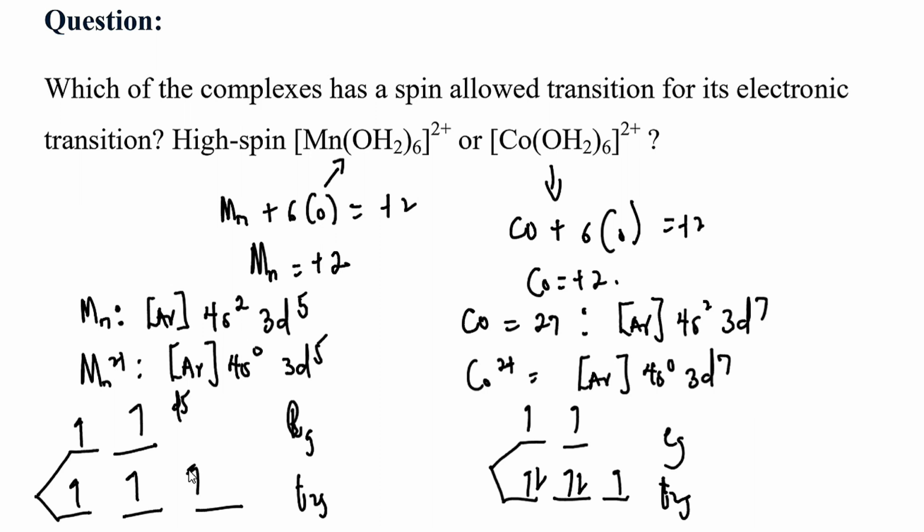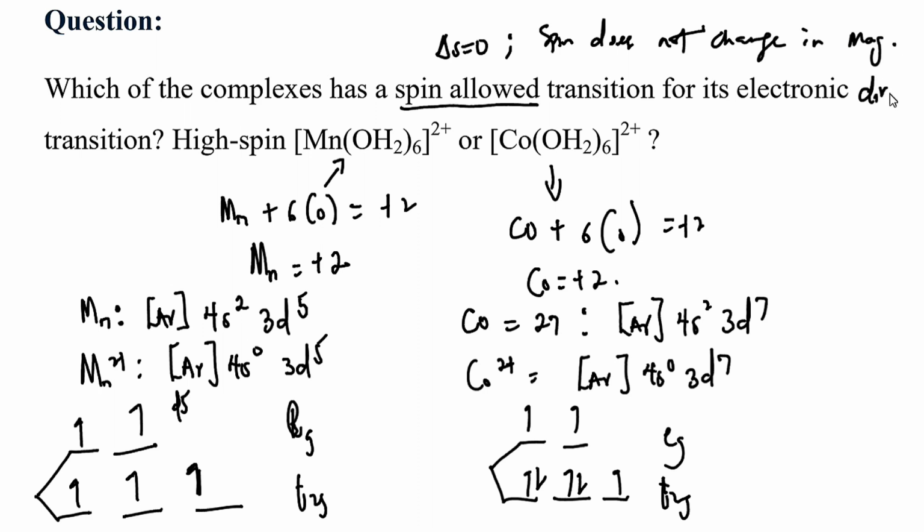if you are going to transition an electron from this lower energy to this higher energy, with the spin change, we are looking at a spin allowed transition. So spin allowed transition states that the change in S is 0. That is, spin does not change in magnitude and also in direction, right?